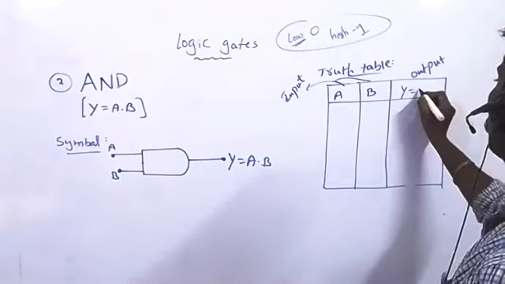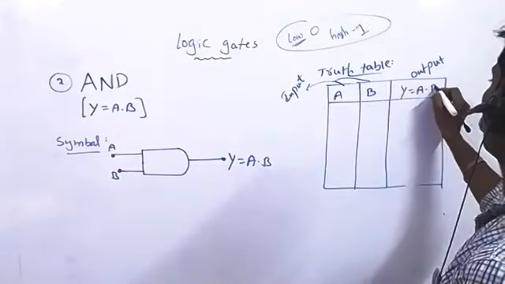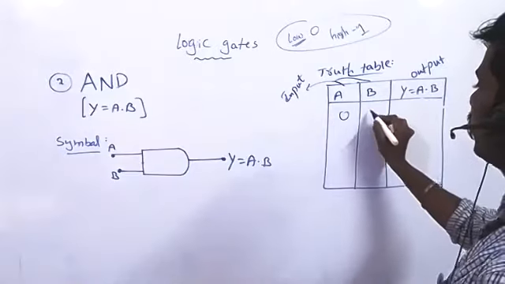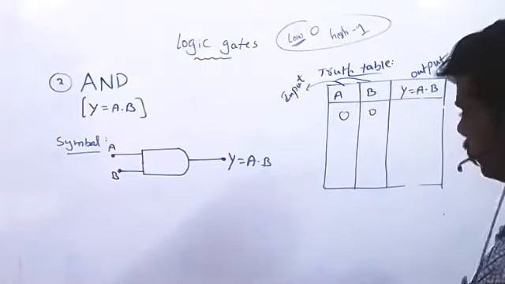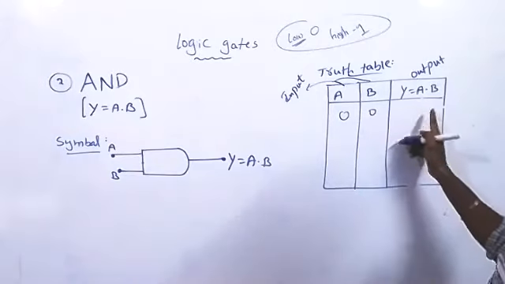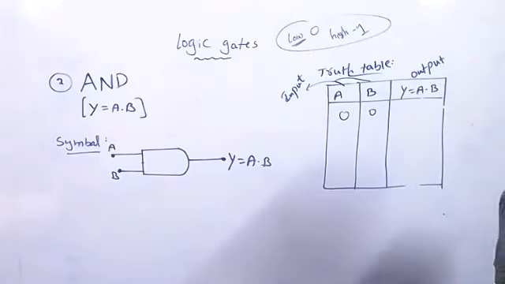Here output is A and B. If both inputs are given low, so 0 into 0, output how much you will get? 0.